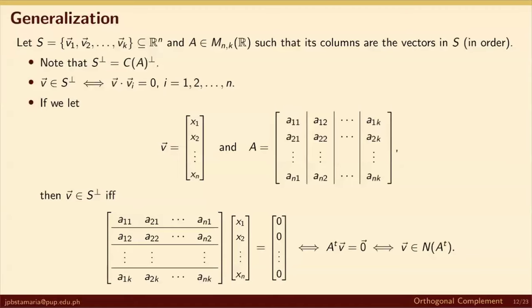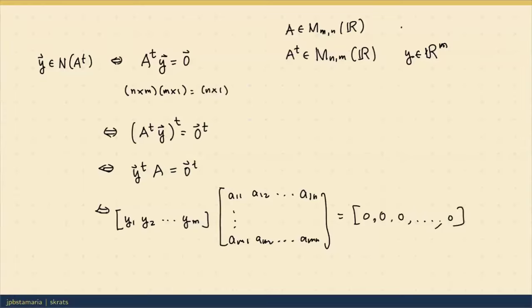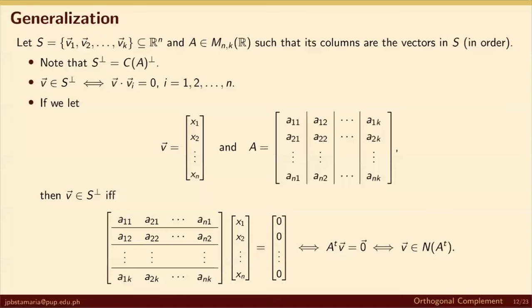But anyway, instead of having y transpose times A equals 0, we will normally have A transpose y equals 0. Just explaining why the name is called left null space, because the vectors are multiplied to the matrix on the left.